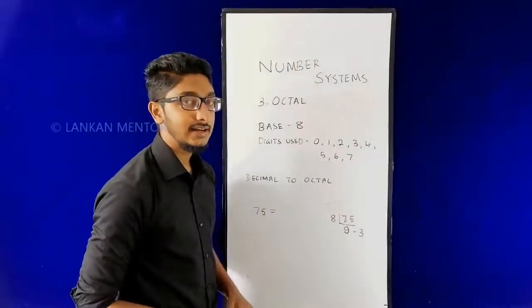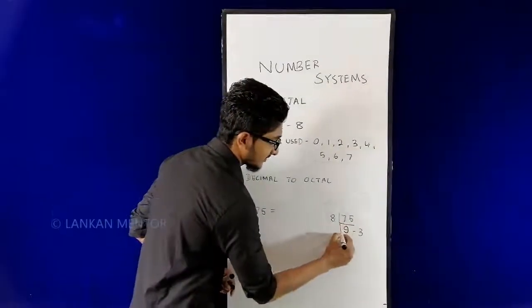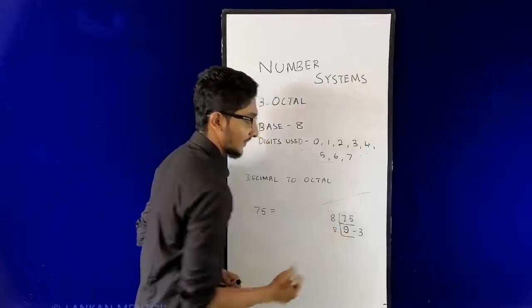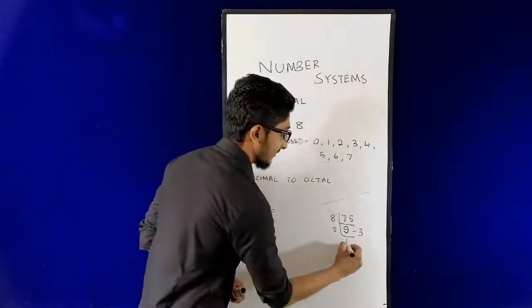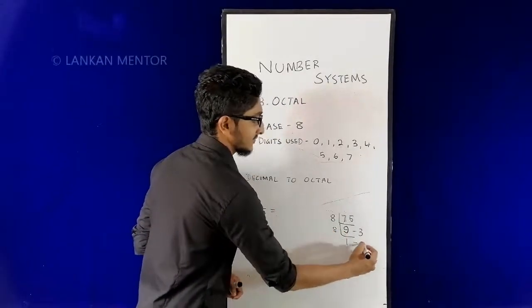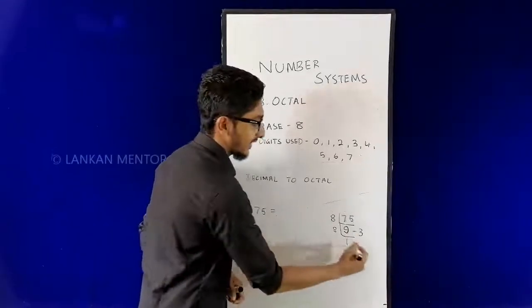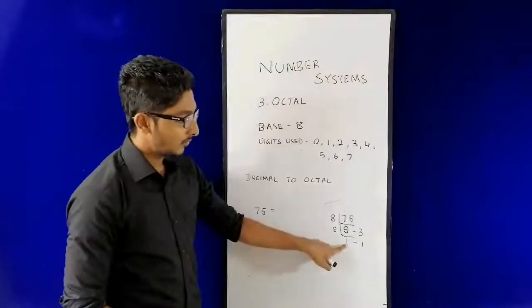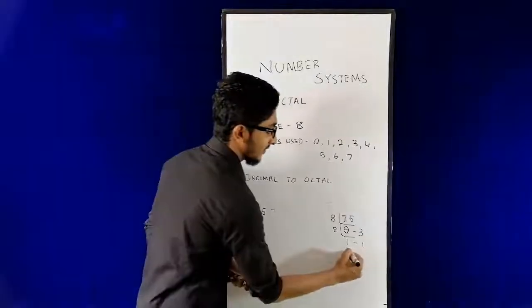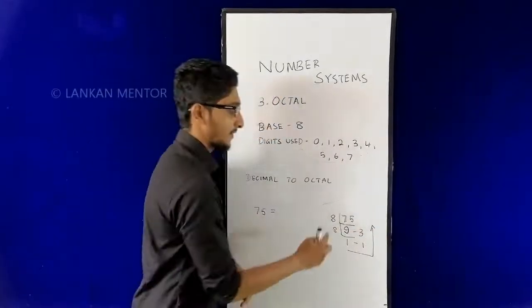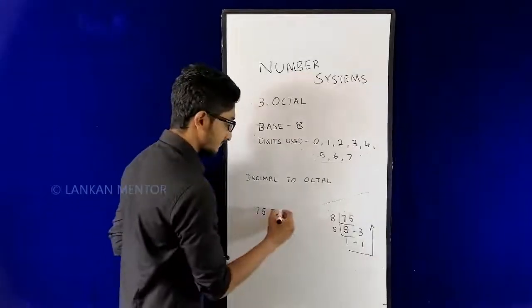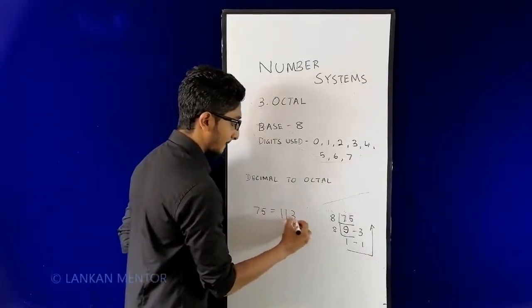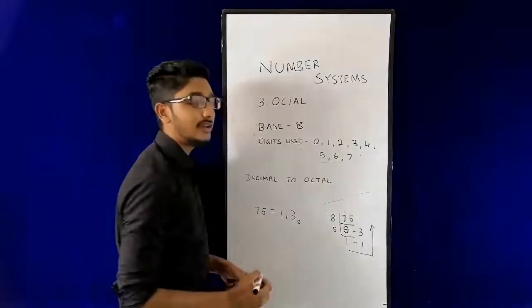Now again you can divide. How many 8s are there in 9? 1. So 1 8 is 8, and 9 minus 8 is 1 remainder. So 1 1 3. That is how we go. Again from here, 1 1 3, base 8.